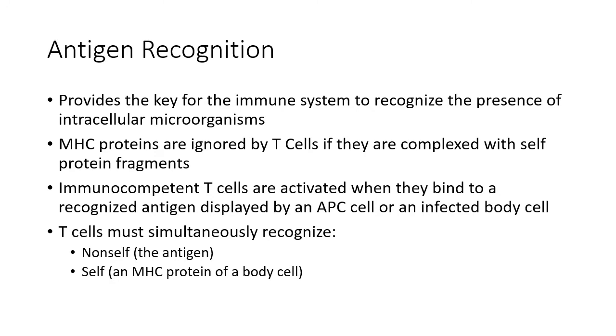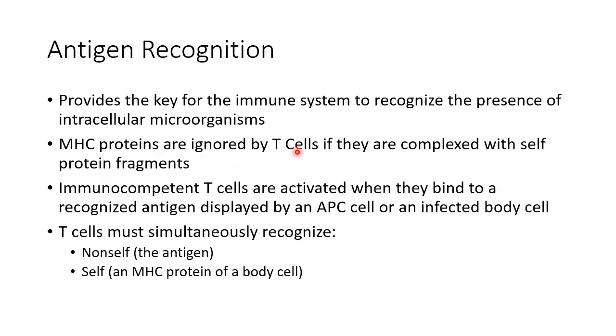So there is a complex that's on all your body cells, and this is called the MHC complex, or major histocompatibility complex. Now, if your cell proteins or these cell markers are complexed with self-protein fragments or normal proteins made in the body, they normally are ignored by T cells.